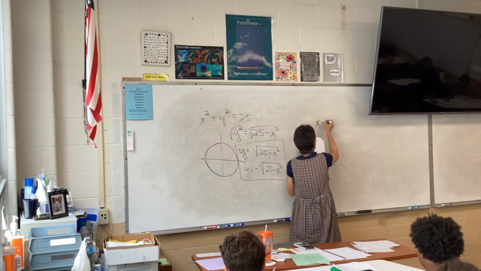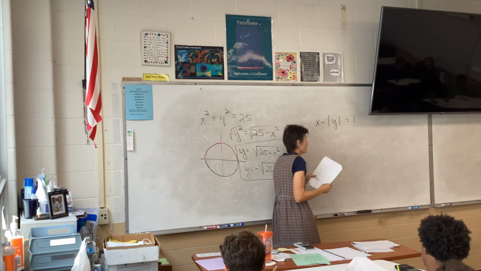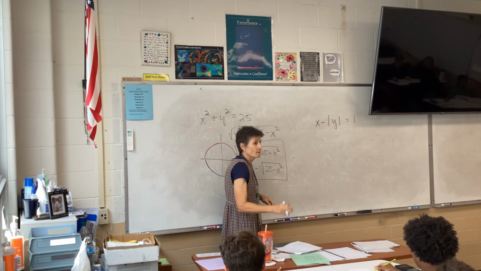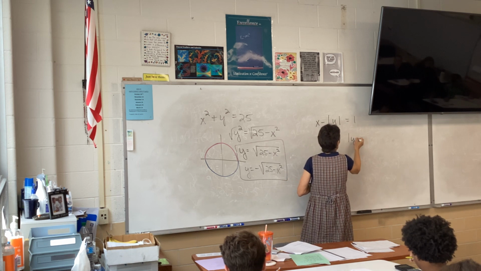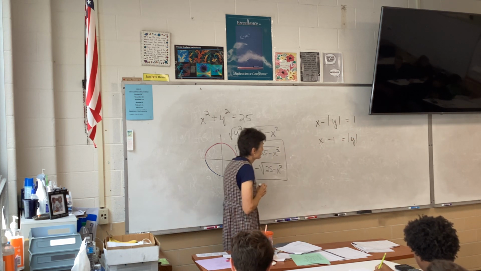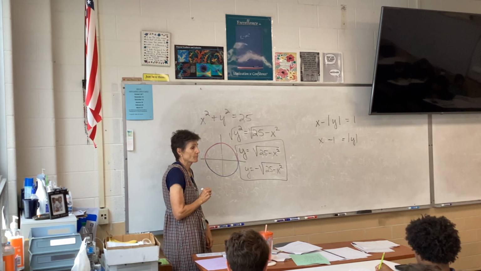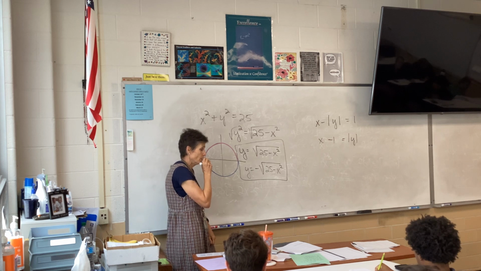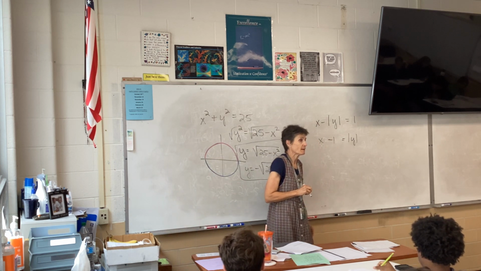All right, how about this guy? Tell me what you think about this. First of all, I'm going to get the y thing by itself. Is that okay? Now, what shape do you think that is? Think about that for a second.